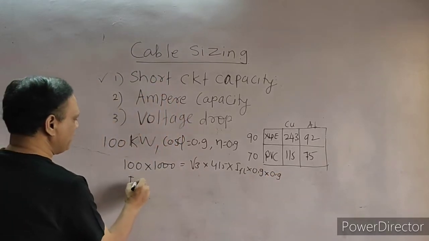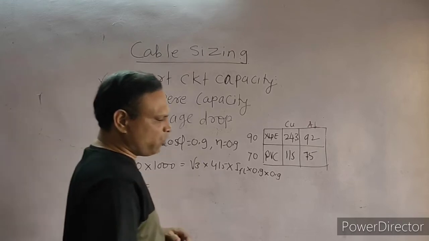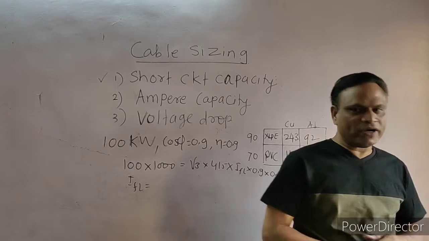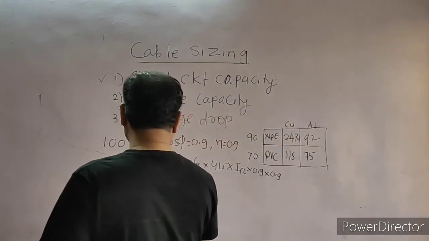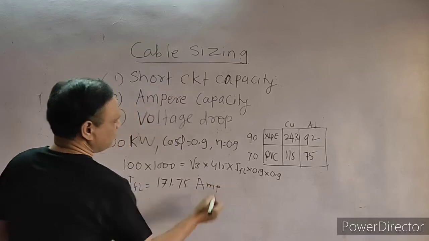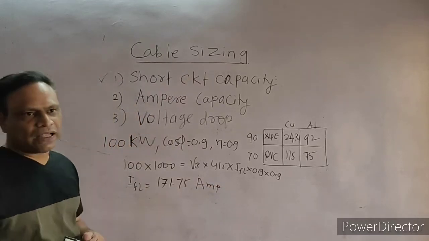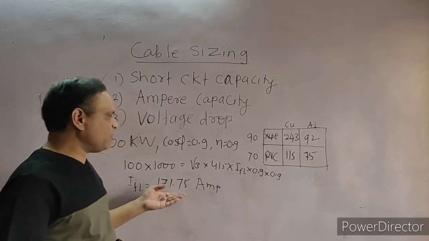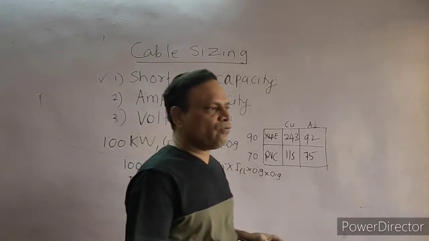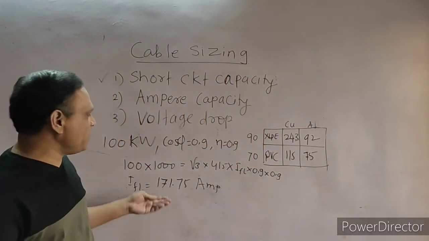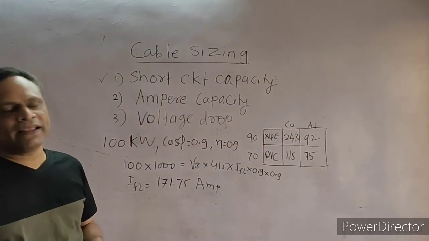So the value of the full load current of the motor, IFL, comes to be 171.75 amperes. Now for this current, as we have seen previously from the table, if the current is of rating more than 125, we generally divide it by 2 and we will find the cable size.